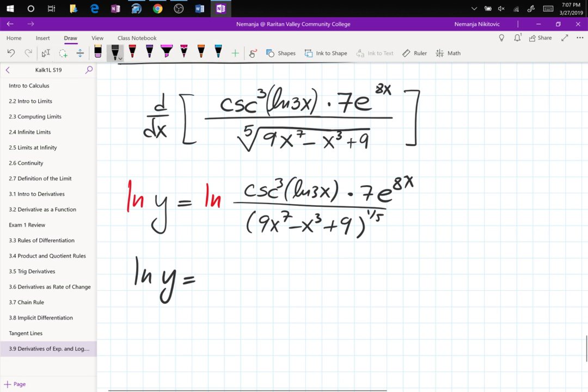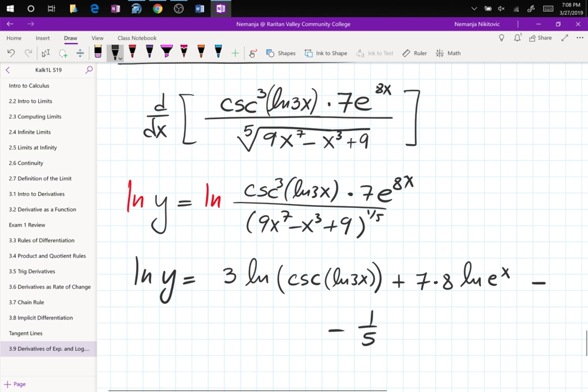Ready? 3 ln of cosecant of ln 3x, plus 7 times 8 of ln of e to the x, minus 1/5 of ln of 9x to the 7 minus x cubed plus 9.